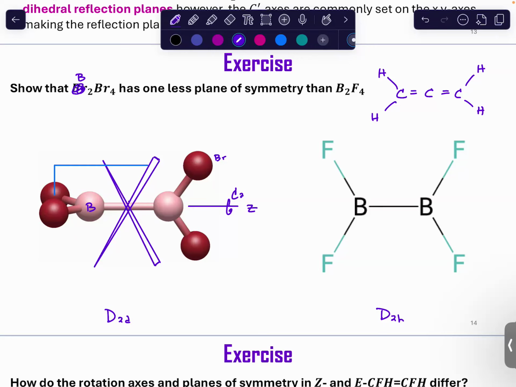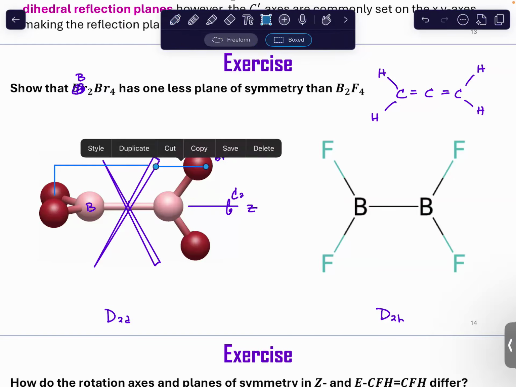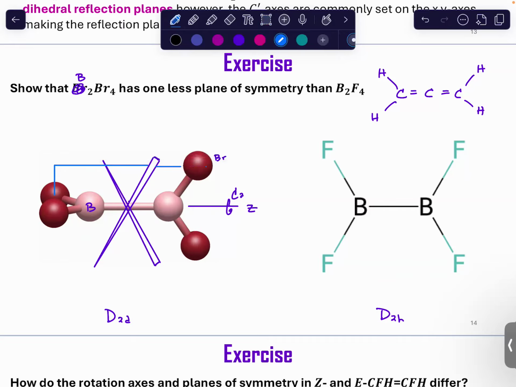Let's draw it like that. So I can go back here, since this plane is going to go right through the center of those.